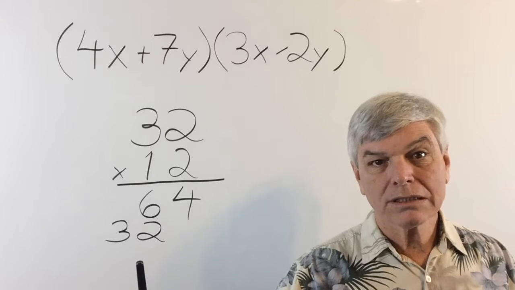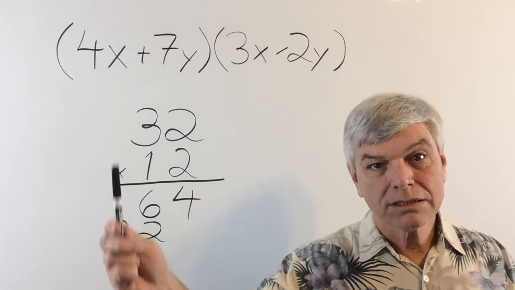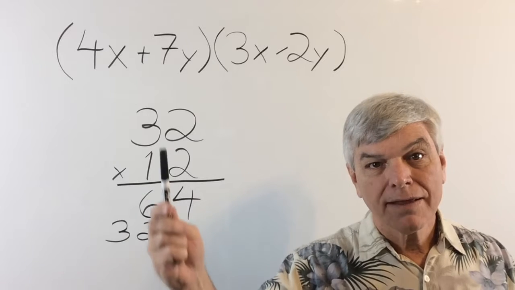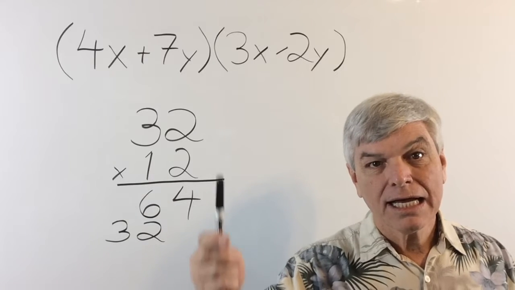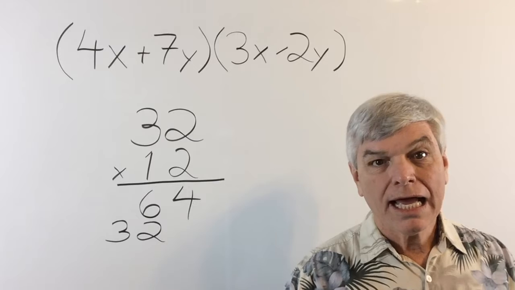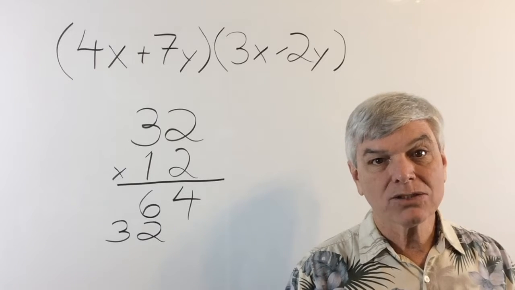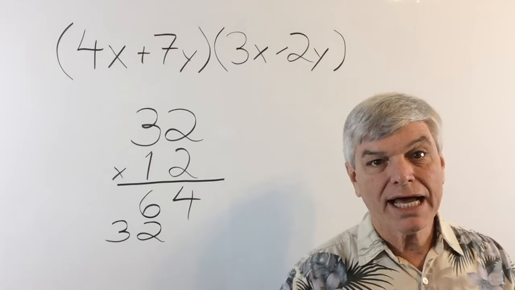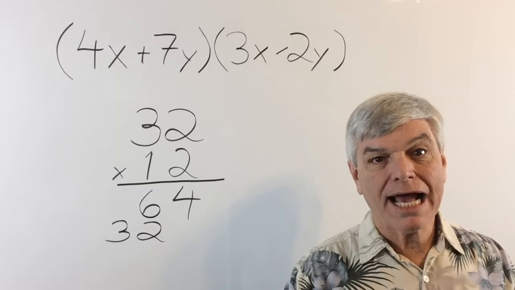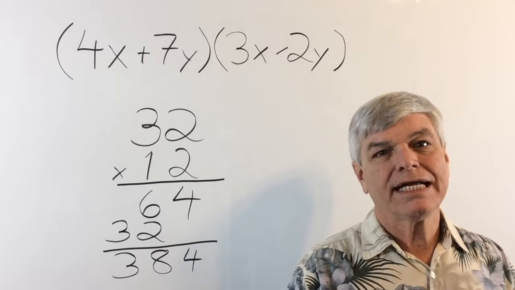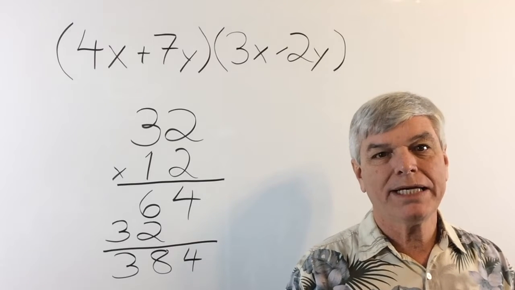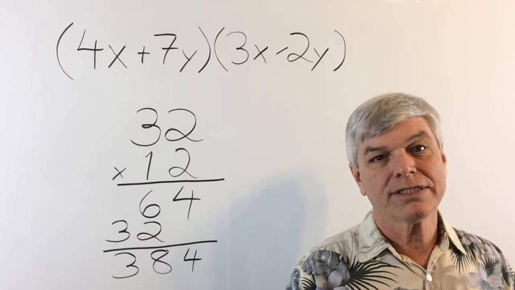And you notice, like I promised you, this is going to be the hundreds, this is going to be the tens, and this is going to be the units. And that makes it real easy to add this, and you don't have to guess which of these 4 numbers we have to add together. We're just going to add straight down. Now that's it. We've done everything that we can, and that is our answer, 384.